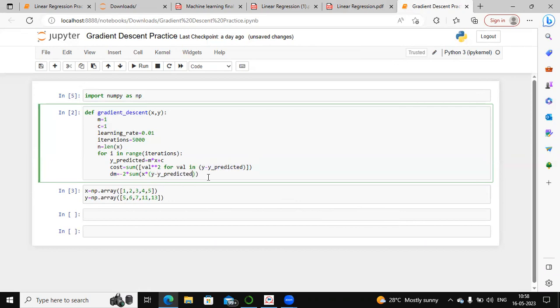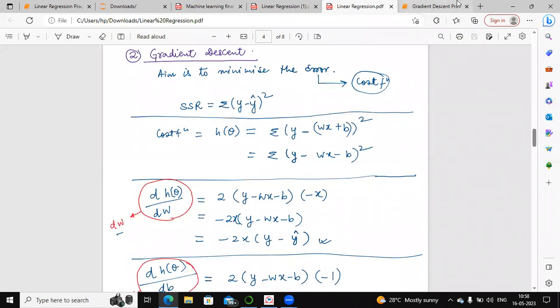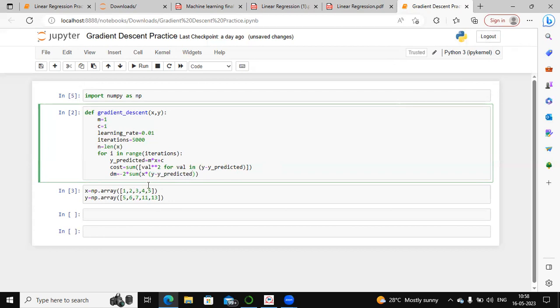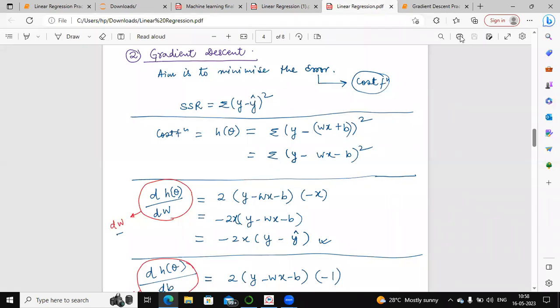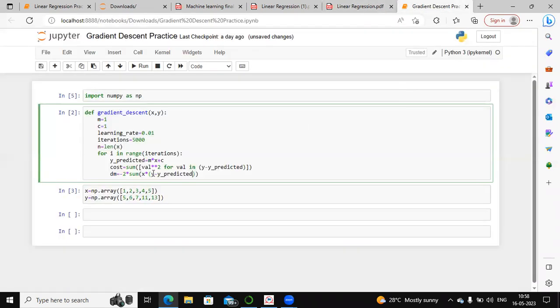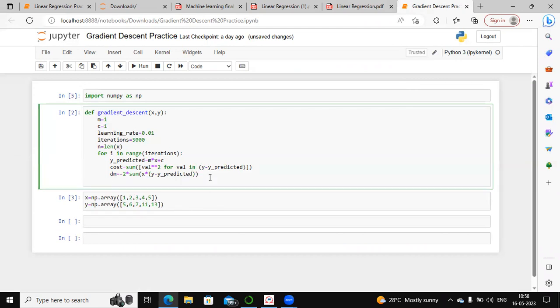Y minus y predicted is this, and when I multiply x into y minus y predicted, I have done the summation. Summation we have done. Next we'll perform similarly for DC.